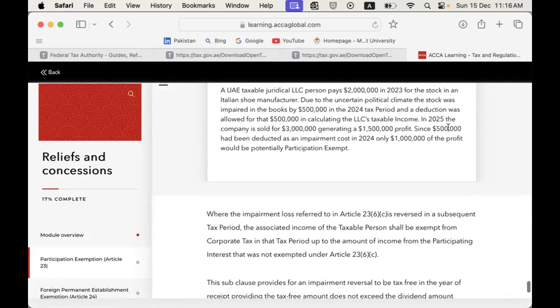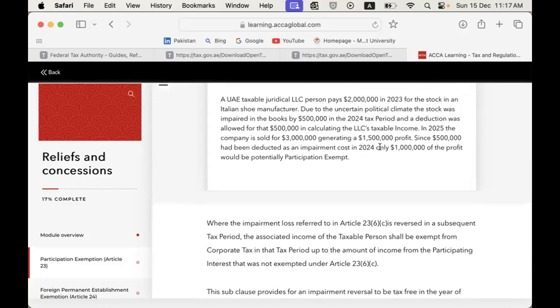In 2025, next year, the company is sold for $3 million, generating a 1.5 million profit. Since 500,000 had been deducted as an impairment cost in 2024, only $1 million of the profit would potentially be eligible for participation exemption. So, how much gain was there?